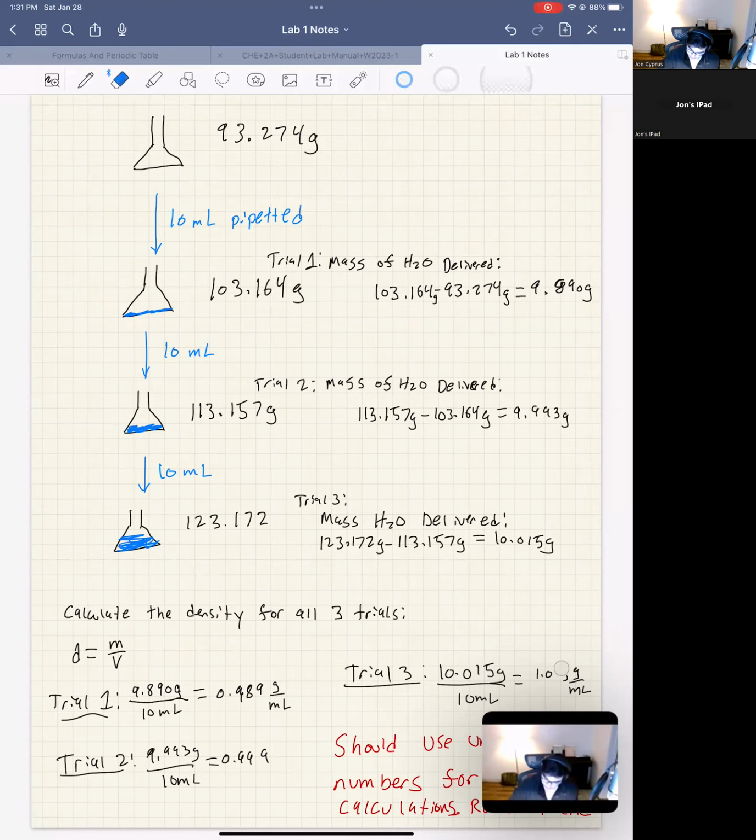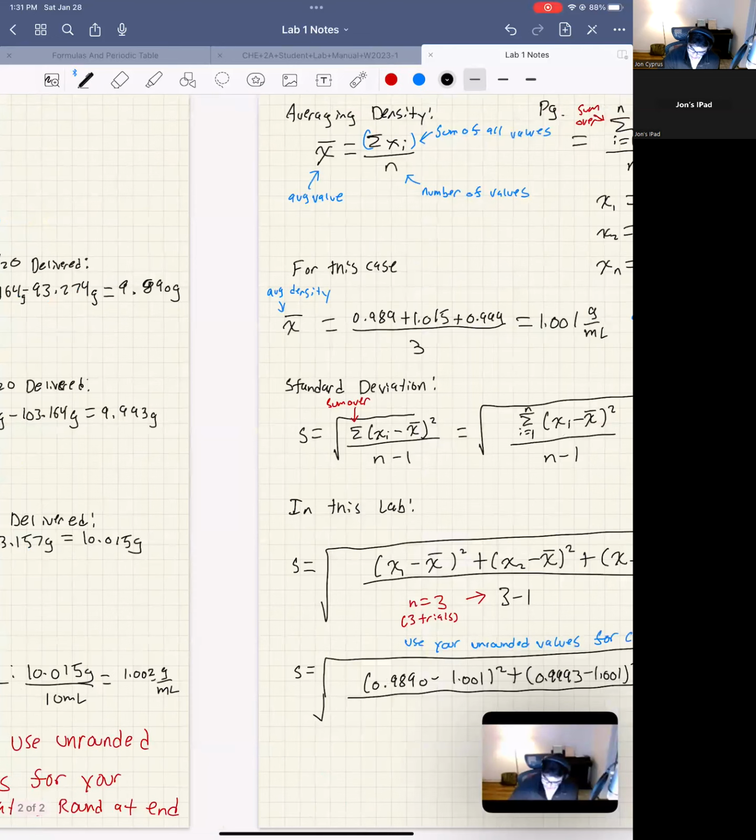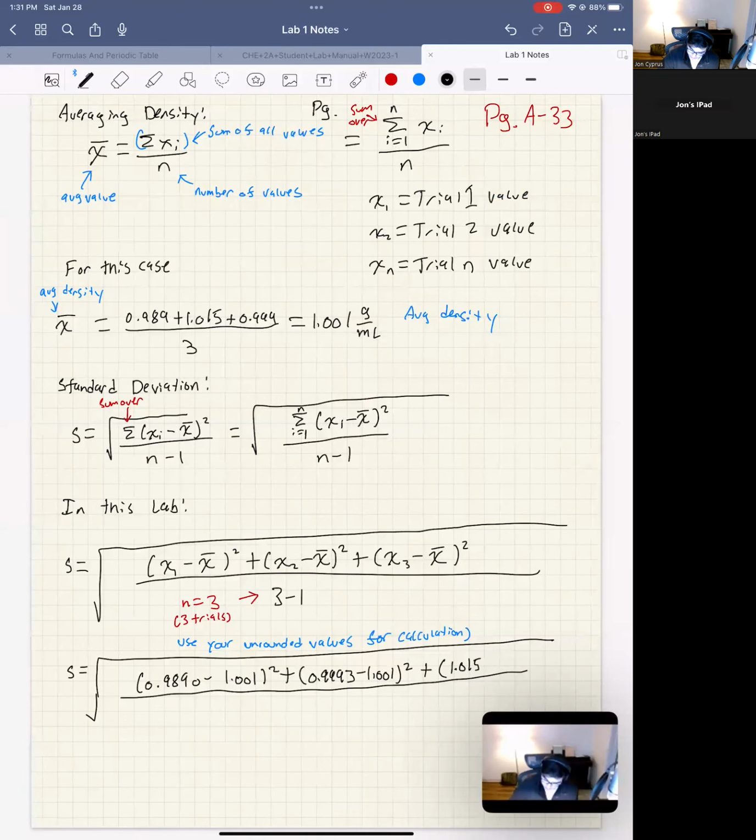Oops, this should be 0.2 here. But what I would actually plug in is going to be 1.015 squared.